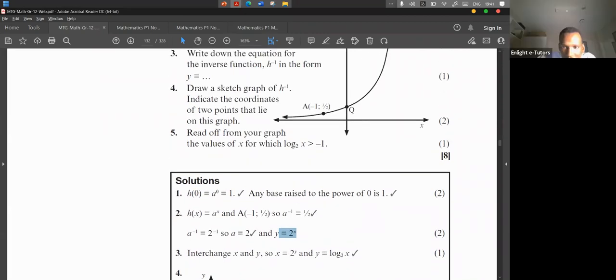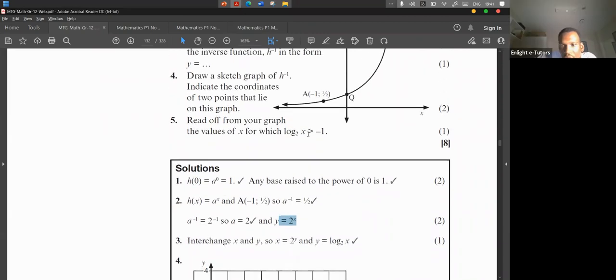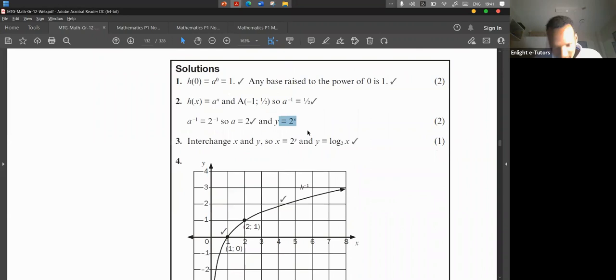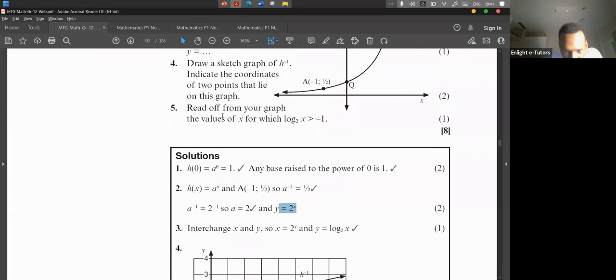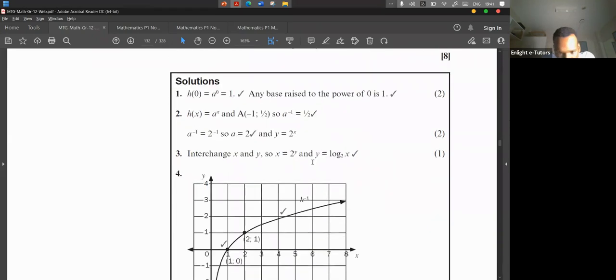And then they ask you to read off the graph the values of x for which the inverse is less than -1. Listen to this one now.